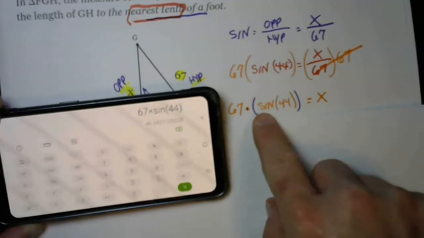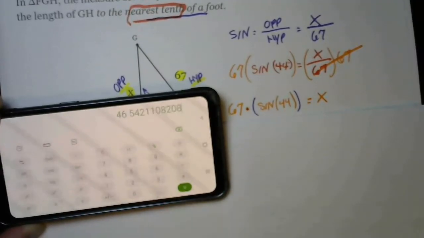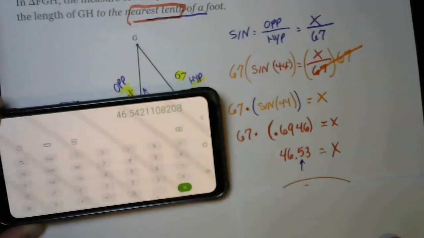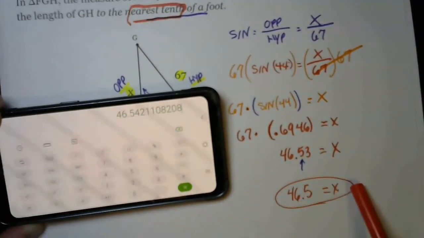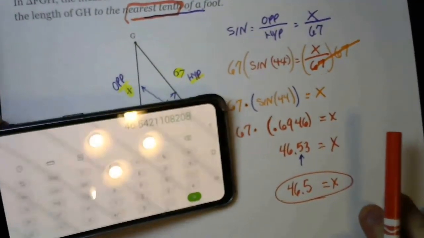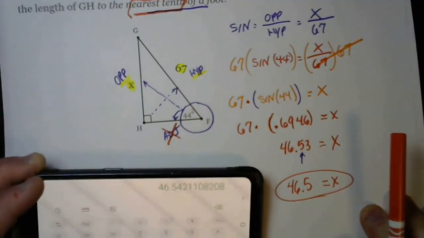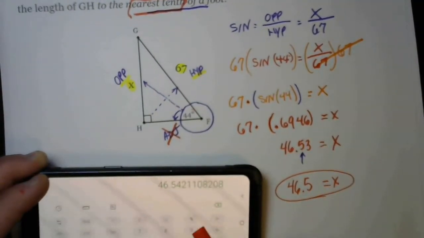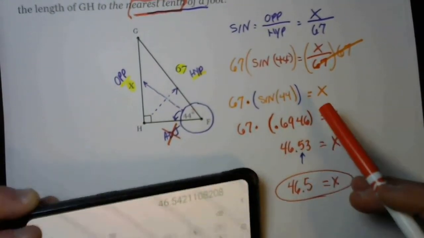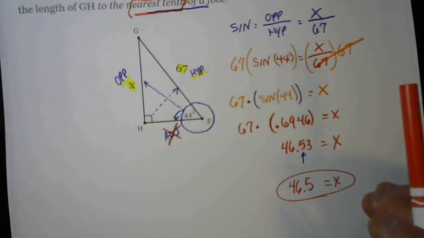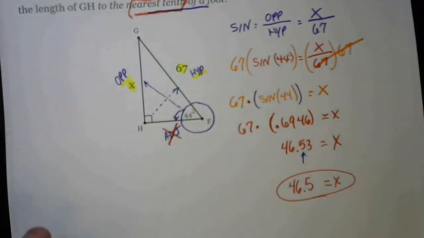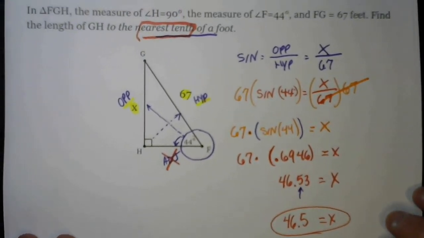Now I have the exact same thing, and I just press equals, and boom, it gives me 46.54 all the way down here, just like we have here. The answer is exactly the same, 46.54. We round to the tenth, and we get 46.5 with the Samsung as well. So that gives you the classroom calculator, the Samsung calculator, and the iPhone calculator.